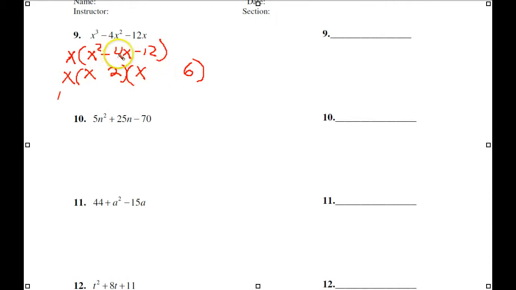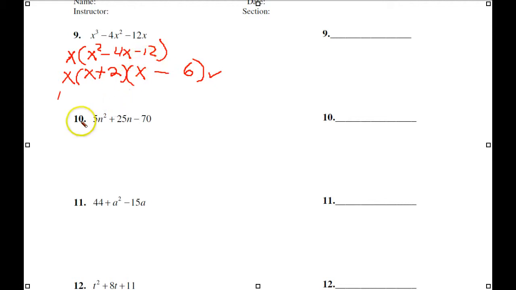So this one is a negative 4. So I'm going to put the negative by the 6, a positive by the 2. And again, I'm still in a trial guessing period, although I'm pretty confident about this one. And when I FOIL it, it checks out. So this is a positive 2, a negative 6, gives us our negative 4x, and this gives us a negative 12.